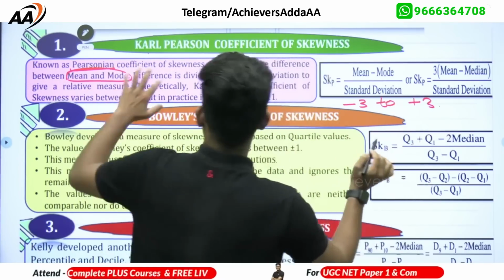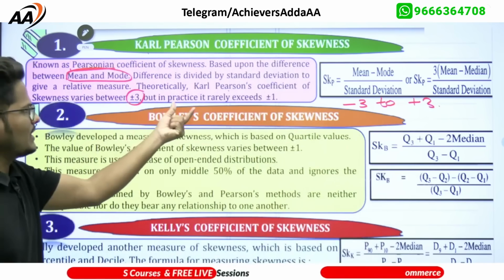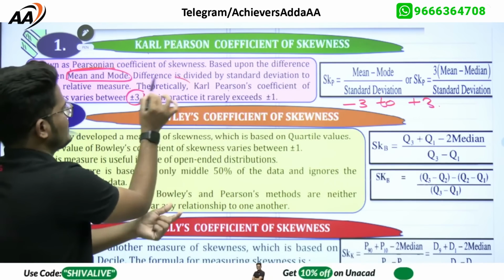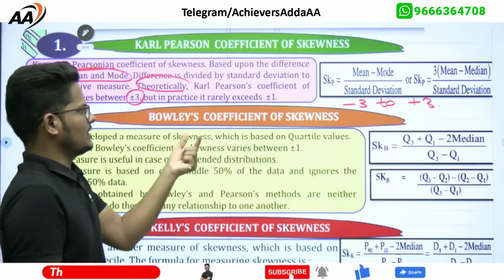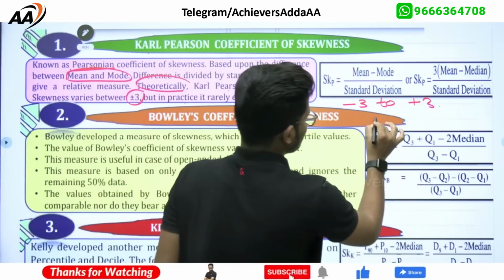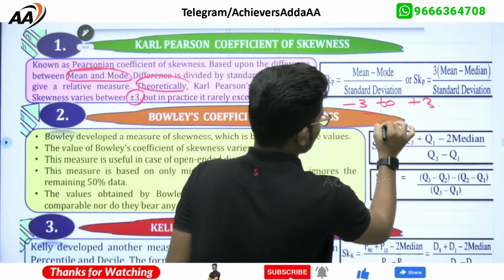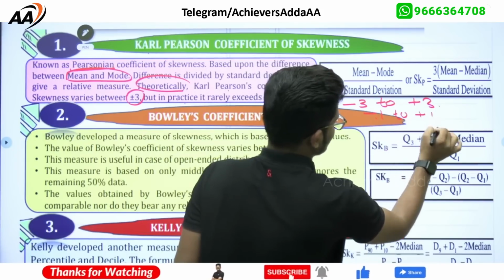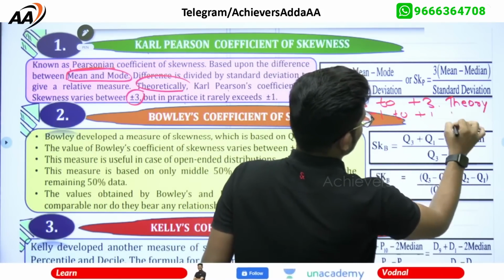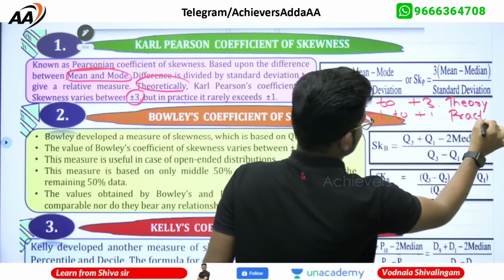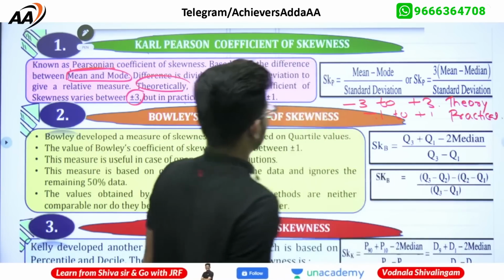But this is theoretical only. Theoretically it is between -3 to +3, whereas in practice it usually lies between -1 to +1.